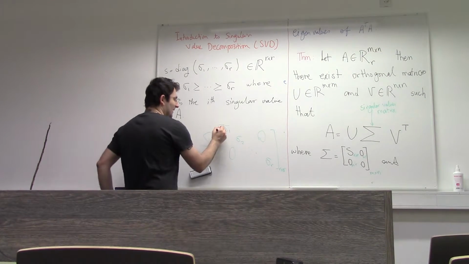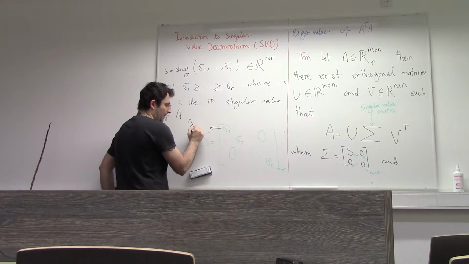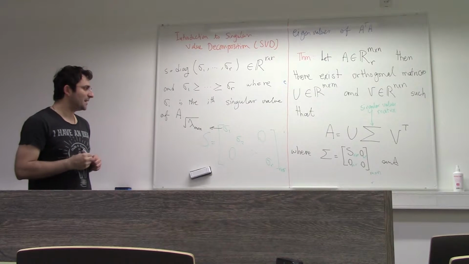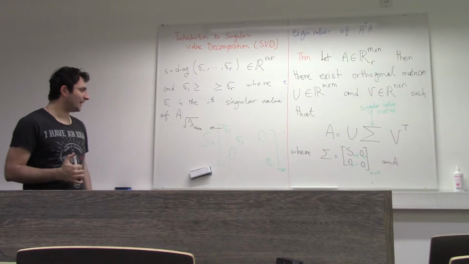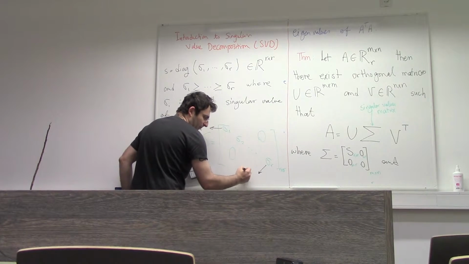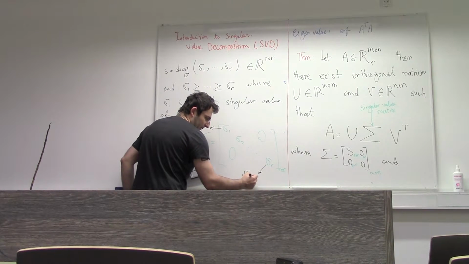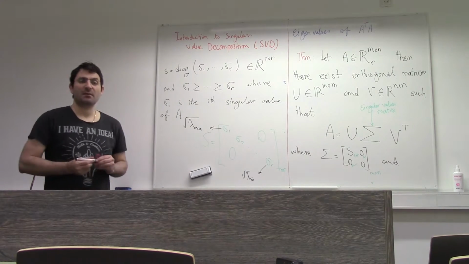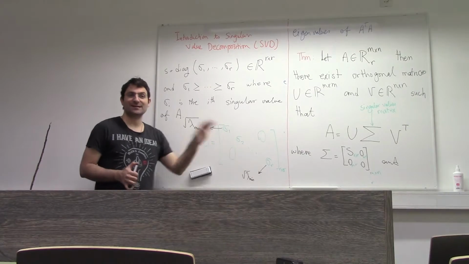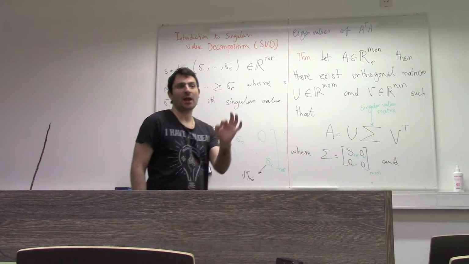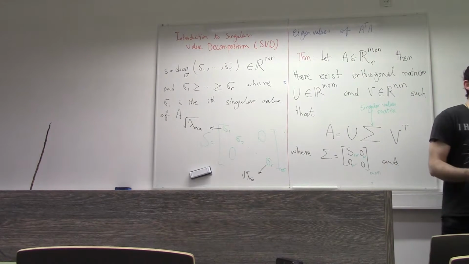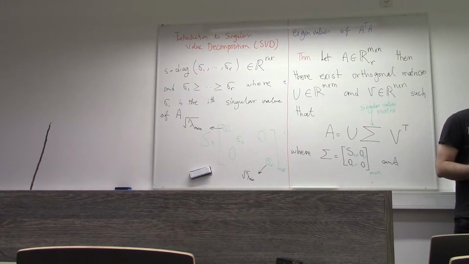Sigma 1 is the maximum value under a square root, because sigmas are square roots of eigenvalues. So sigma r is the minimum eigenvalue under a square root. Remember, SVD will give us the already sorted sigmas. So if I give you sigma i and sigma i plus 1, which one is bigger? Sigma i is greater than or equal to sigma i plus 1.